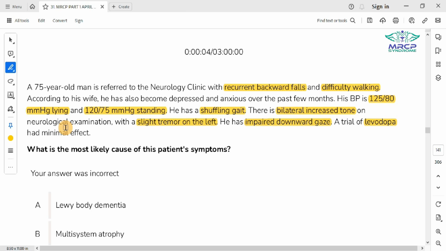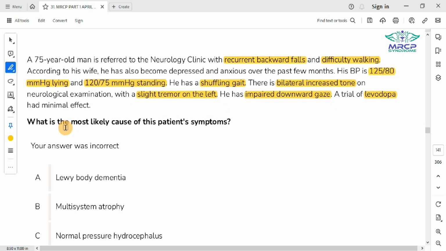His blood pressure is 125 over 80 millimeters of mercury lying and 120 over 75 standing. He has a shuffling gait. There is bilateral increased tone on neurological examination with a slight tremor on the left. He has an impaired downward gaze, and a trial of levodopa had a minimal effect. What is the most likely cause of the patient's symptoms?